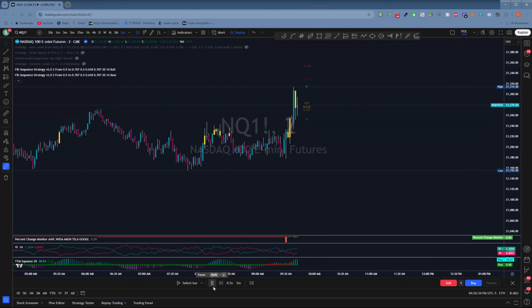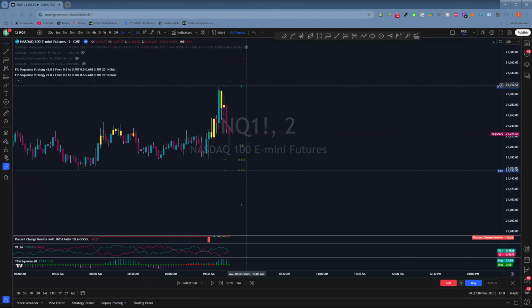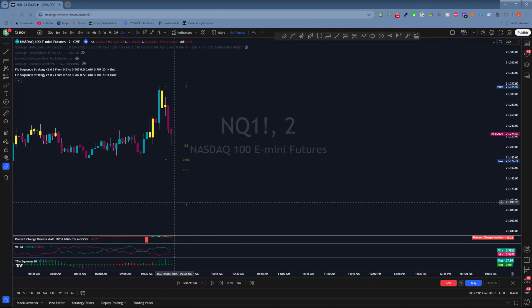If the extension is invalidated, then that previous fib will come back because it is still a valid fib, and then it'll move. It's a little bit adjusted here.